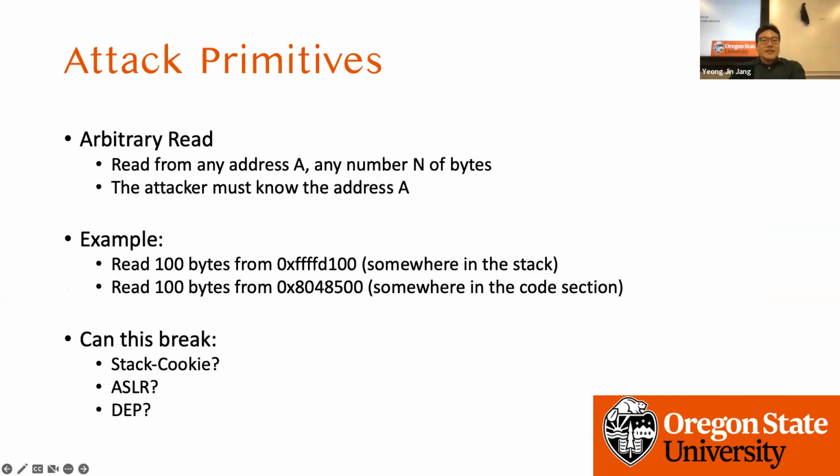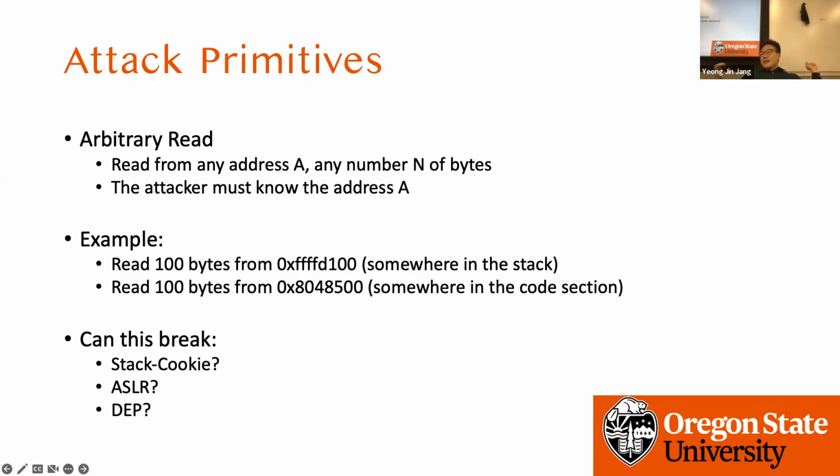So we will talk about the new attack primitives, and let's start with arbitrary read. Arbitrary read is defined as a read from any address A for any number of bytes n. That is super general, the widest case of what we can do with arbitrary read.